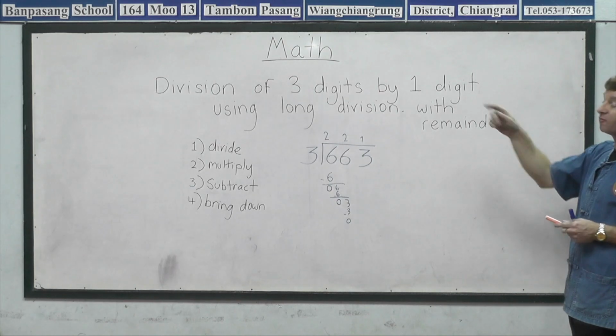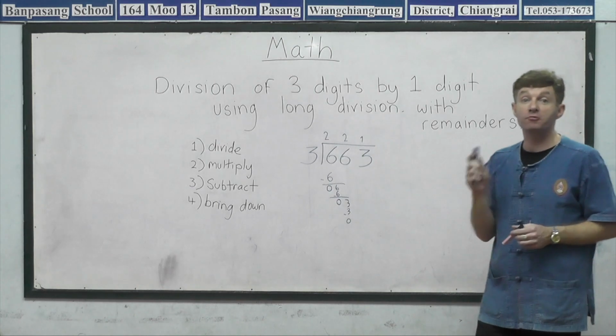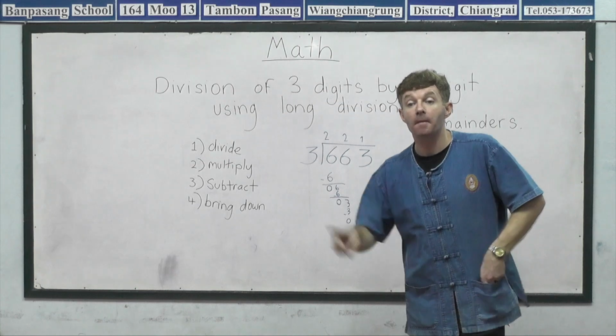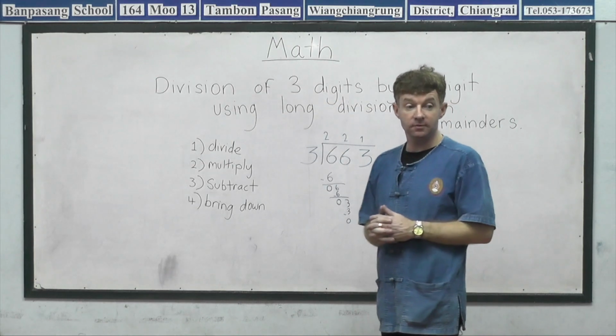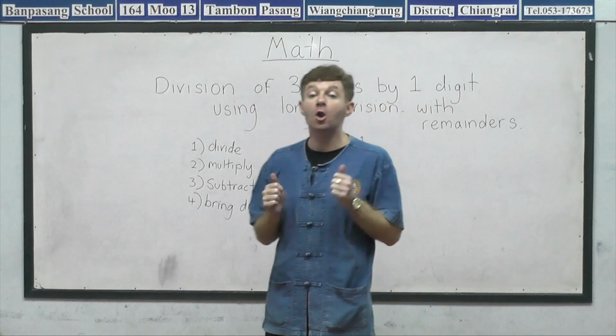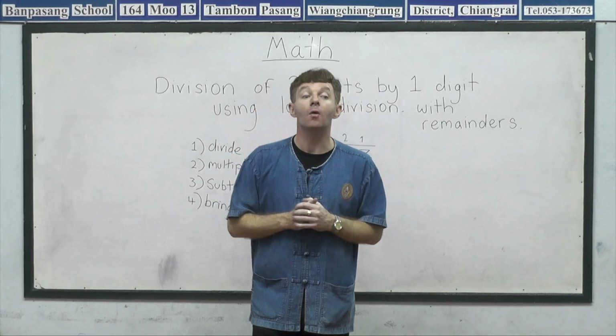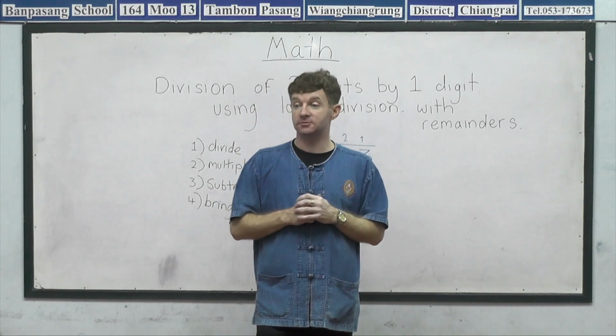Excellent guys. Division of 3 digits by 1 digit using long division with remainders.